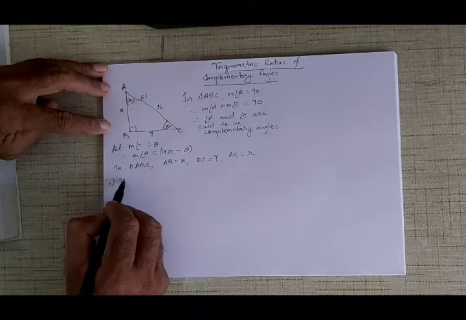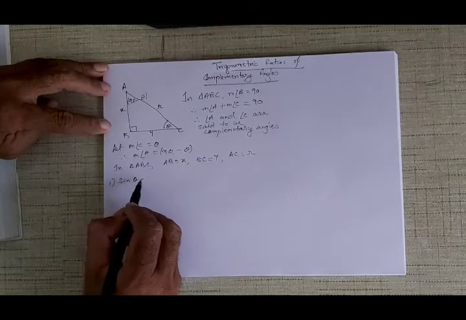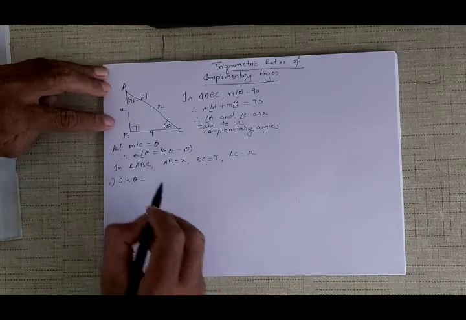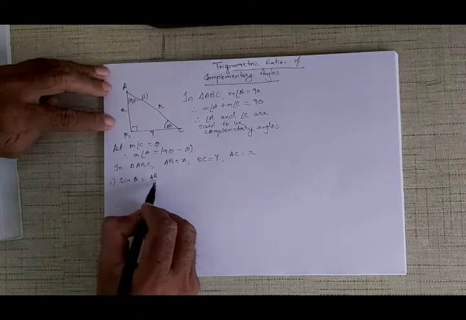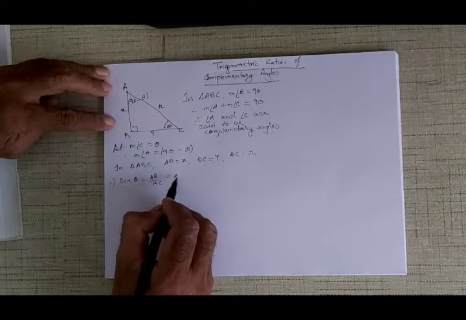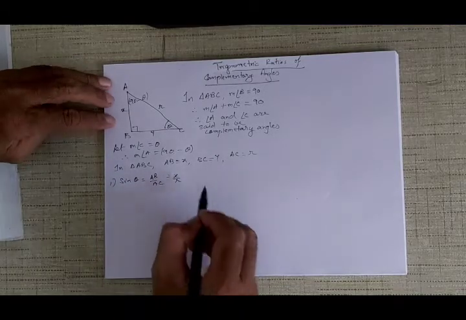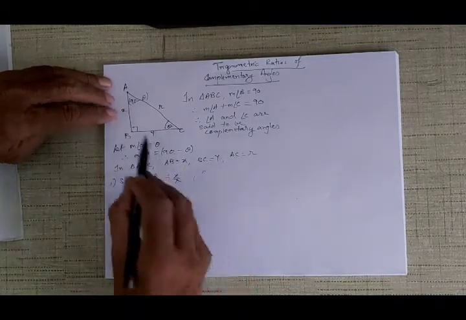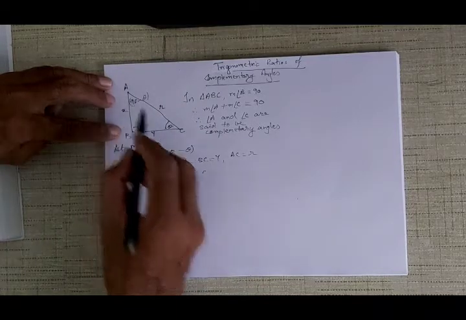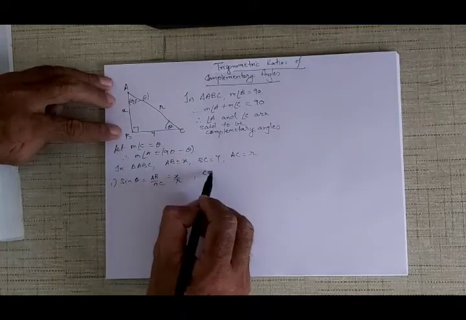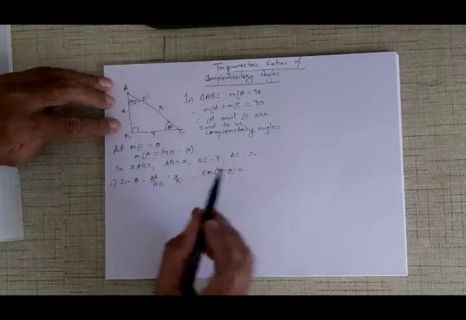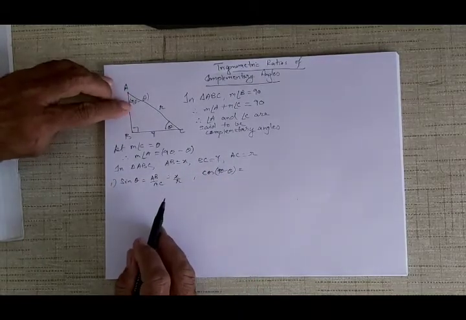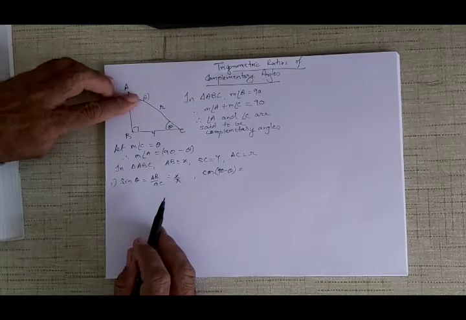See, sine theta will be equal to opposite upon hypotenuse, that is AB upon AC, and that is equal to x upon r. Now if I take cos of 90 minus theta, this angle A, cos of angle A is what? 90 minus theta.